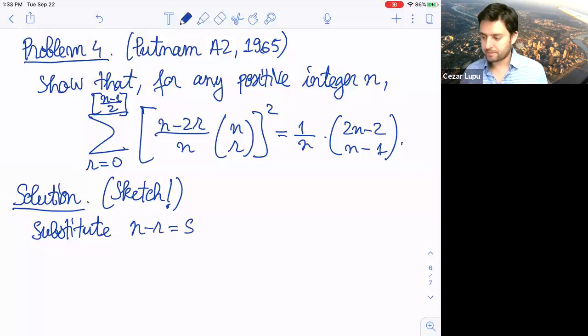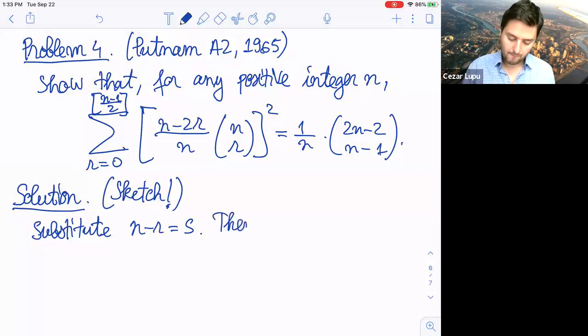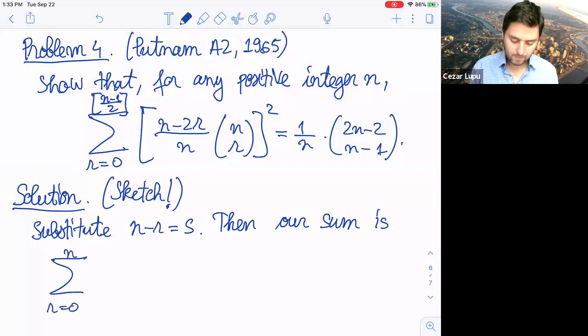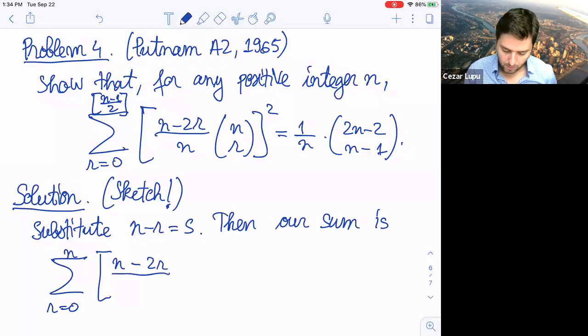So if we substitute this in the given summation, then our sum is the following. We'll have this from r equals 0 to n, of this guy, n minus 2r over n times n choose r squared.